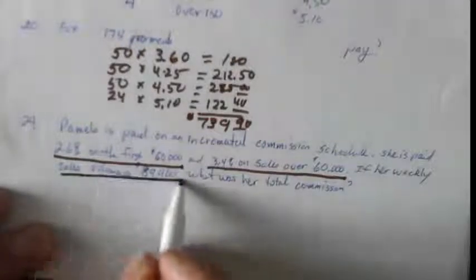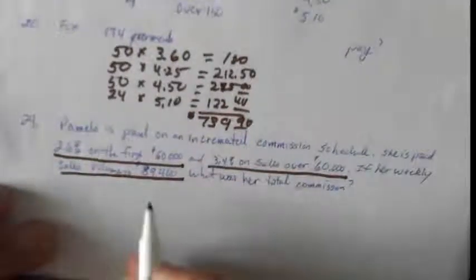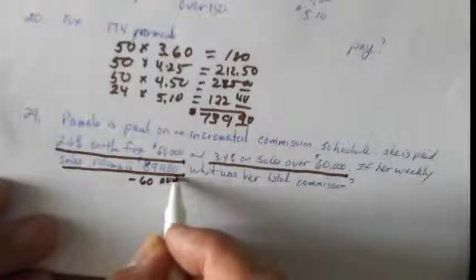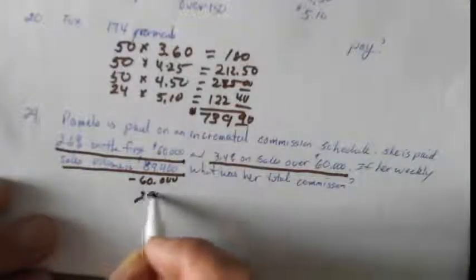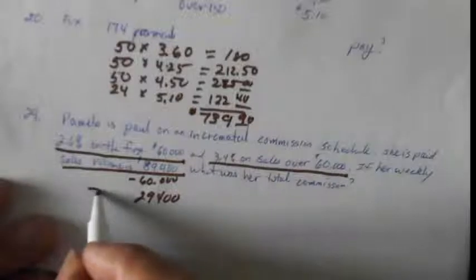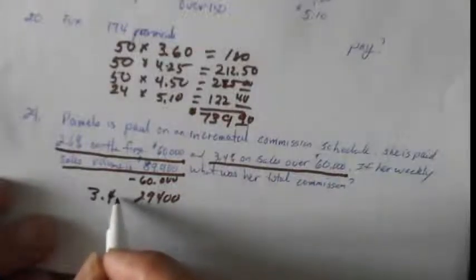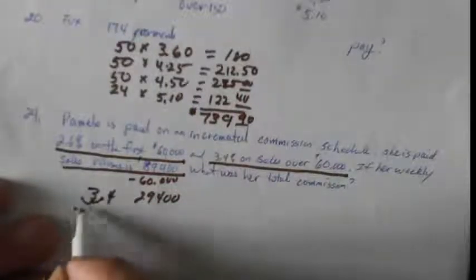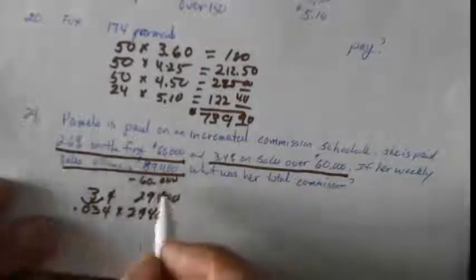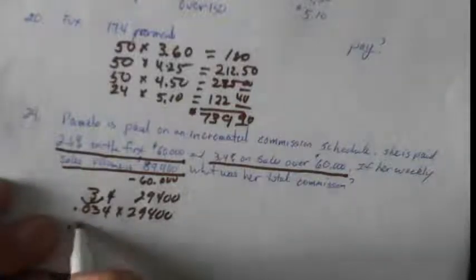And if her sale volume is 89.4, so that first 60, then, so let's subtract that first 60,000 out of there, she's left with 29.4. Okay, and she gets 3.4% for that. We'll change that over to a decimal, right? Because we're going to multiply here. And she gets 2.6 on that first 60.